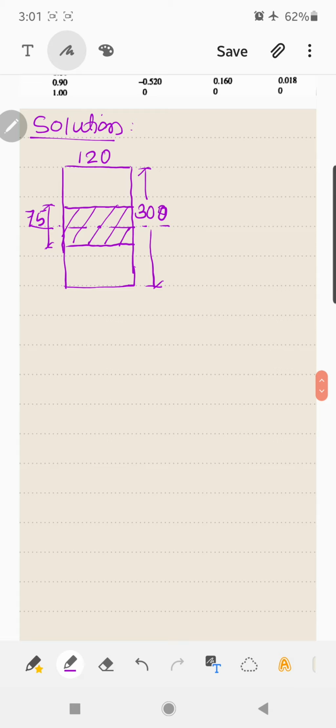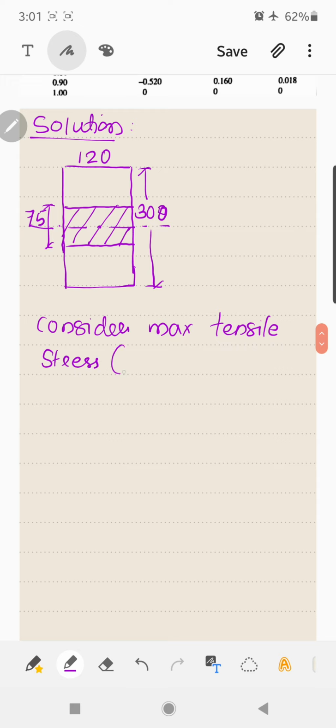Now let us consider the maximum tensile stress, Fv, at x equal to 0.5.